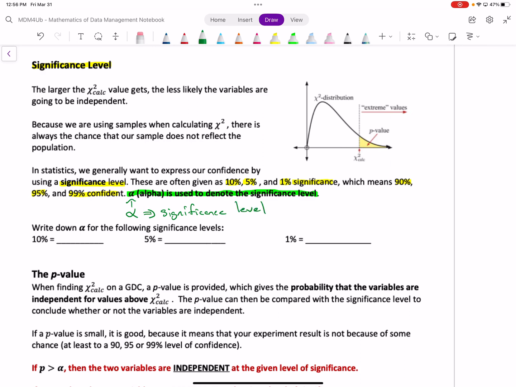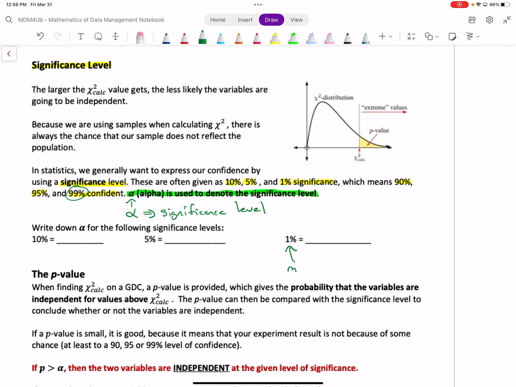This will always be given to you in a question. So they'll tell you, calculate chi-squared based on a 5% significance level. If you were to go out and do your own research one day, you would decide what significance level you would want to use. For example, if I was to do medical research and I'm trying to show if something cures some disease, I would probably want to be really confident, and I would use a 1% significance level, which means I'm 99% confident in my results.